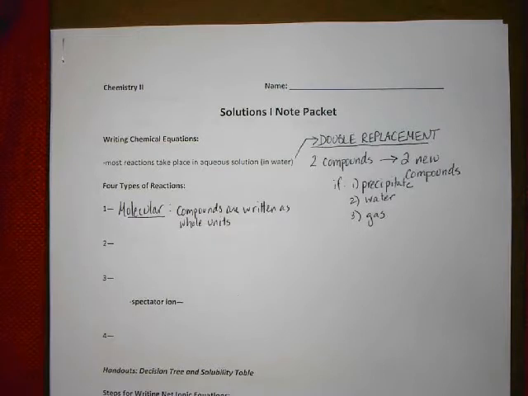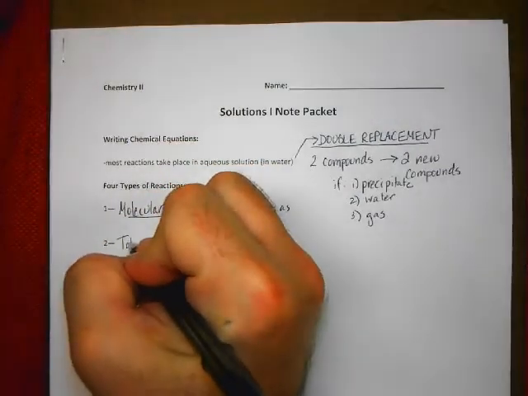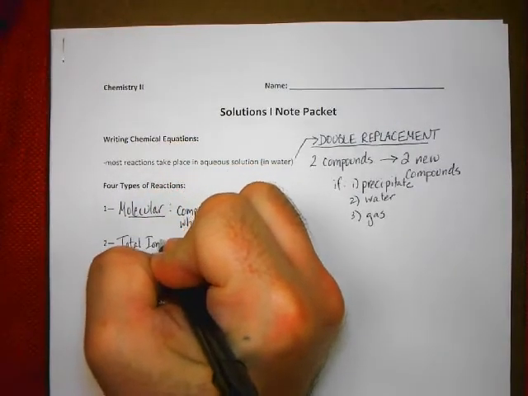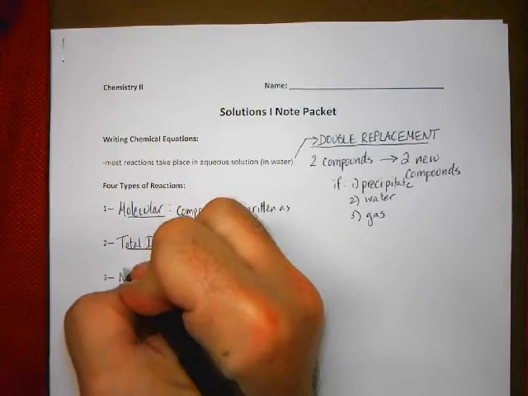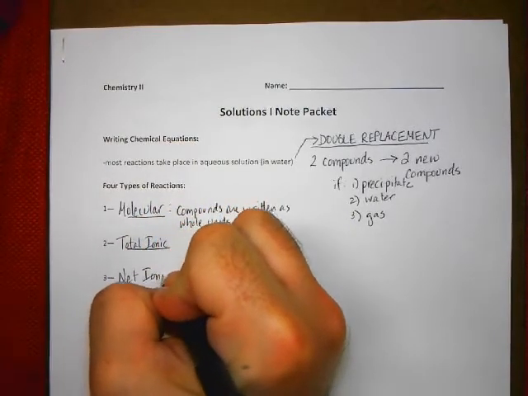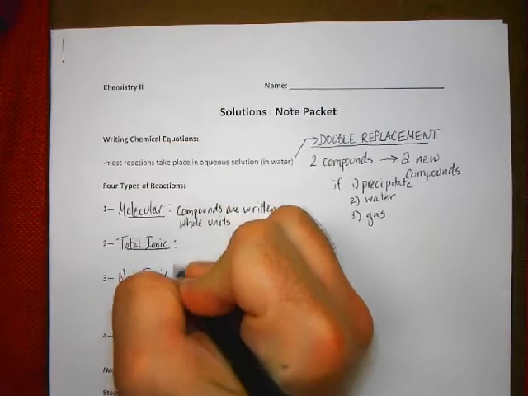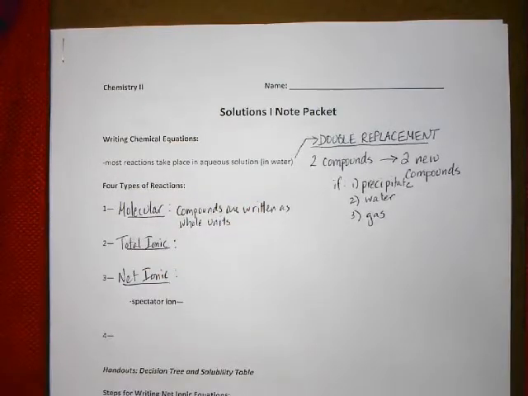The second and third types are what we're going to be talking about in the second video, and that is total ionic and net ionic. These 2 reactions are related.